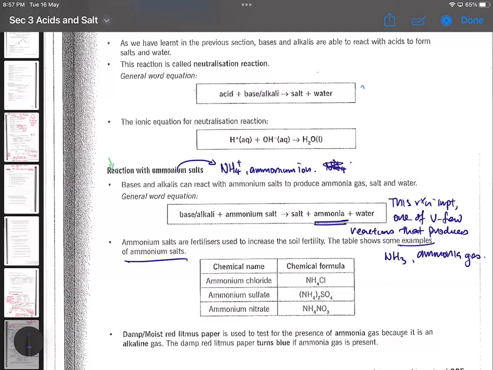This is one of the very few reactions that ammonia gas is actually given out as a product. So if you can't remember this reaction, and the question asks you to suggest something to react to give you ammonia gas, you'll be lost, because reactions that produce ammonia are pretty limited. So good to know this. Not good to know, you have to know.